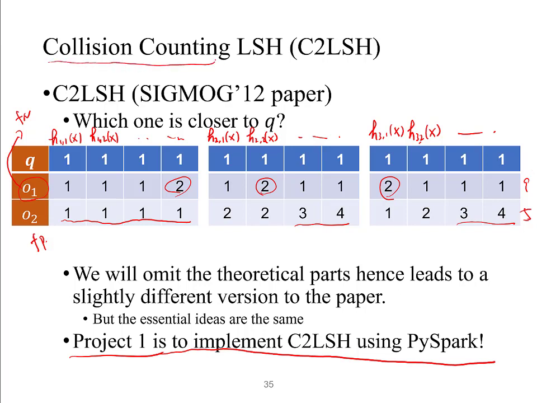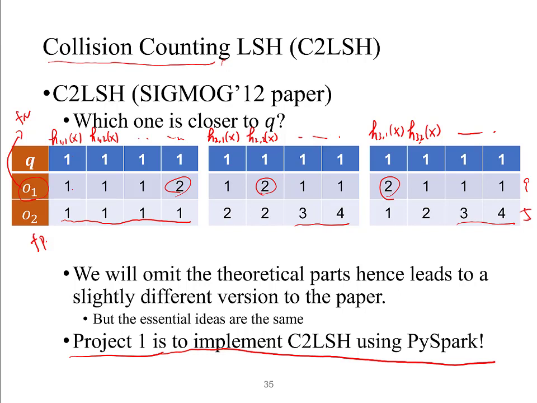So with collision counting, you just count the number of collisions, meaning the number of equal hashes between the data and the query, to determine which should be the candidates of the query.